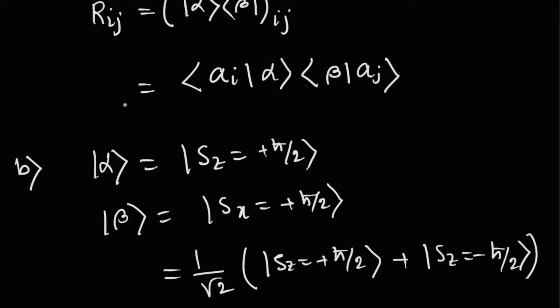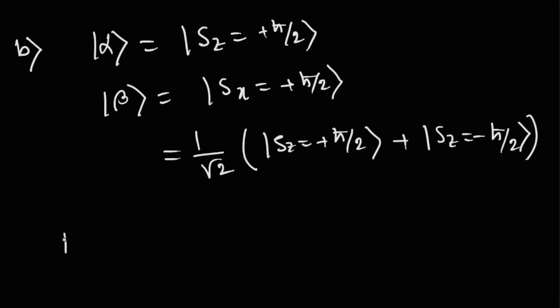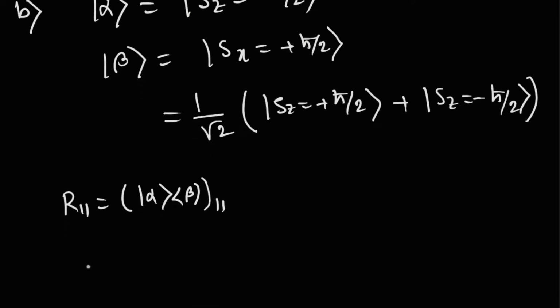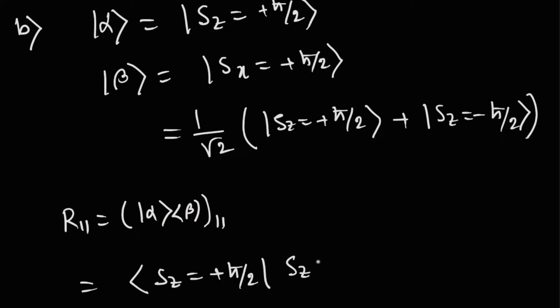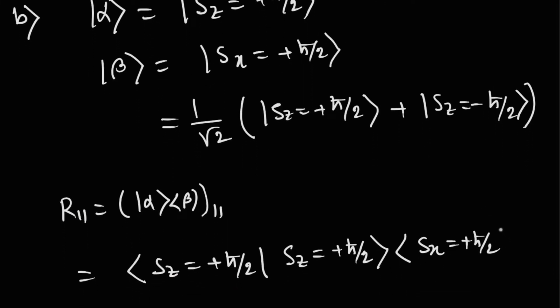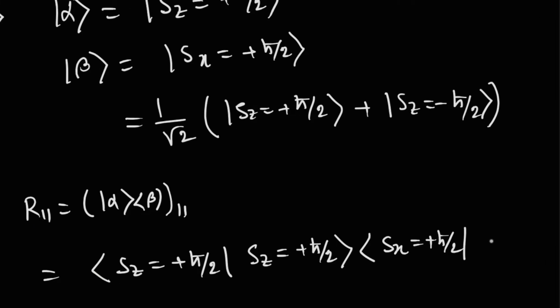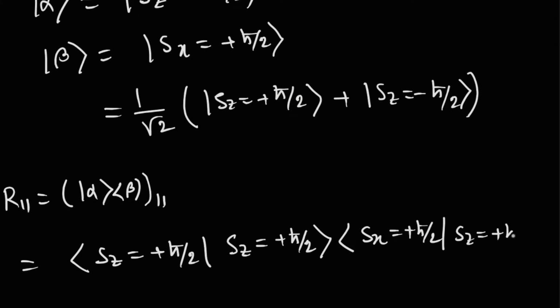So now let us calculate the R11 element, that means <Sz=+h cut by 2|alpha> into <beta|a_j>, where a_j means Sz equal to plus h cut by 2.